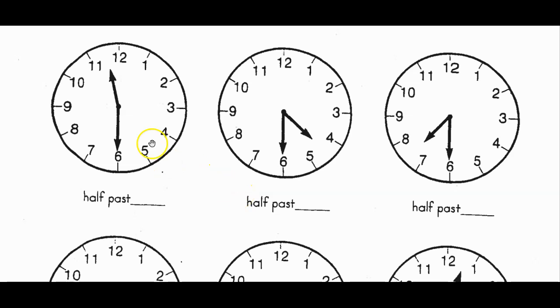Okay. Now, this one first. The hour hand is pointing to between what two numbers? 11 and 12. So that means the hour is still what? 11. But you notice that it's 11:30, right?